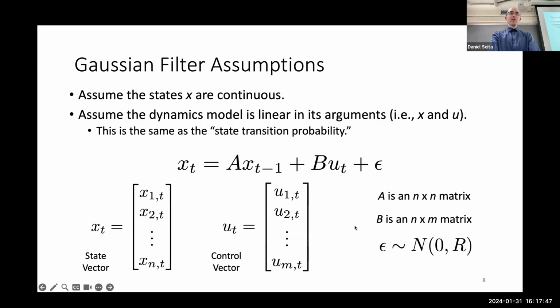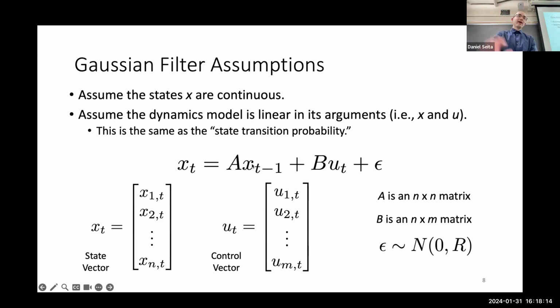Do you see why the matrix dimensions all make the math work out? You have your A here. A is a square matrix because, suppose you have no noise and your control is all zero, A has to have the right dimension to make xt minus 1 go to xt.